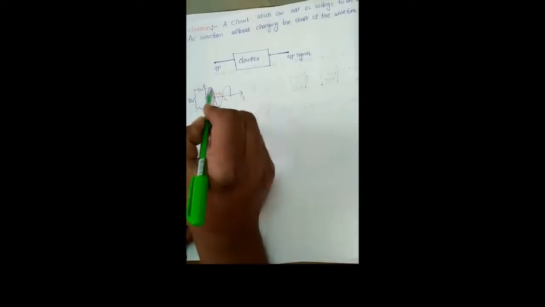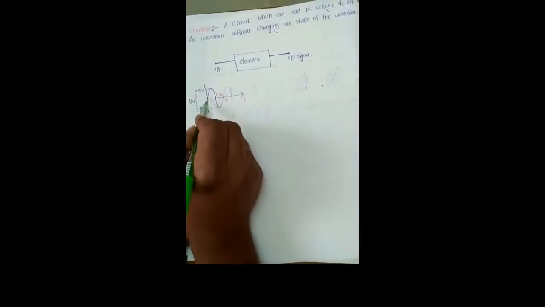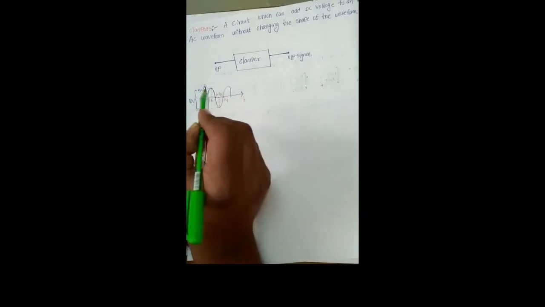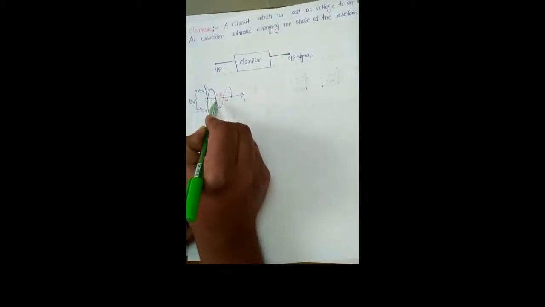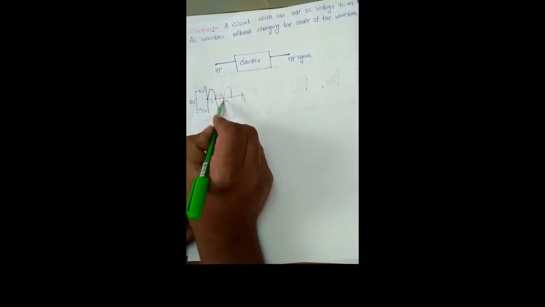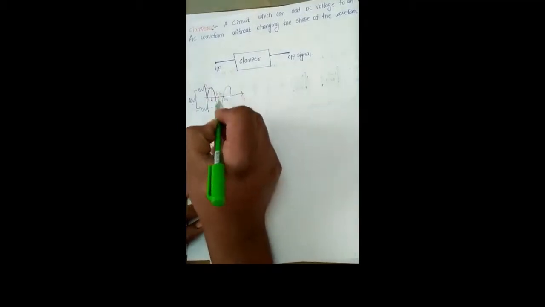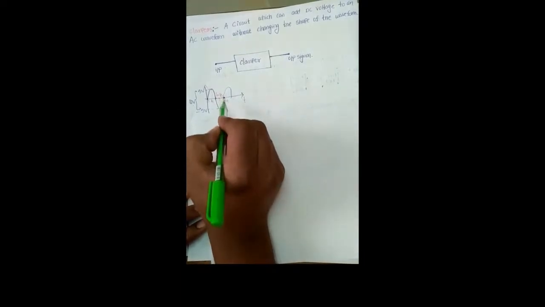At t equal to 0 it has 0 amplitude, at t equal to t1 it has 5 volts amplitude, at t equal to t2 it has 0 amplitude, at t equal to t3 it has minus 5 volts amplitude, and at t equal to t4 it has 0 amplitude.